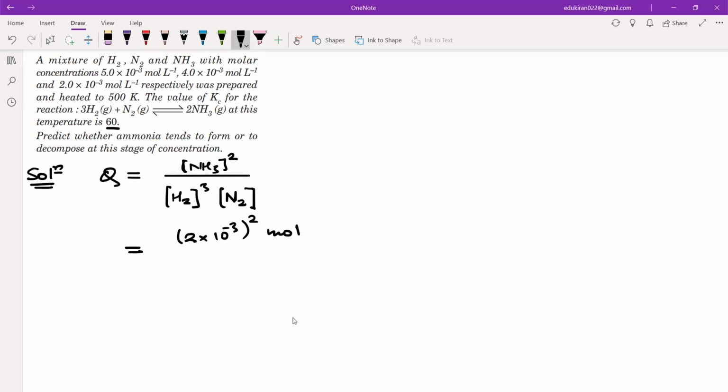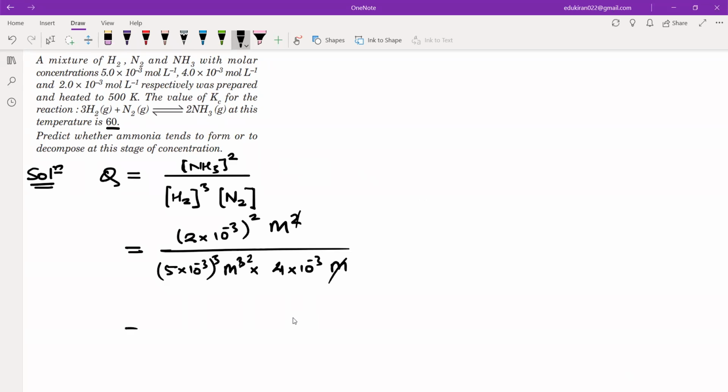This is molar square, divided by H2, which is 5 into 10 to the power minus 3 whole cube, and this will be M cube, into N2, which is 4 into 10 to the power minus 3, this will be just M. So obviously the M's get cancelled, leaving M square in the denominator, so M to the power minus 2. This will be the unit for the Q here, right? I hope you are not missing anything.